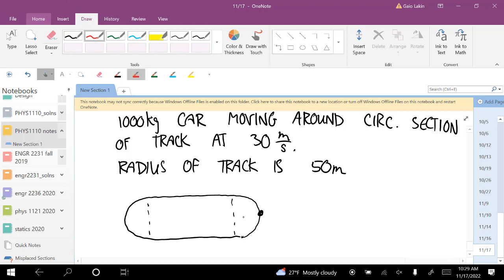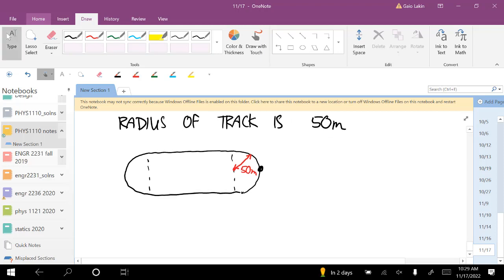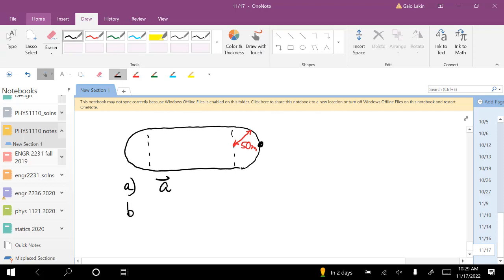And so this radius is 50 meters. So let's calculate two things. First, let's calculate the total acceleration vector. And second, let's calculate the net force.